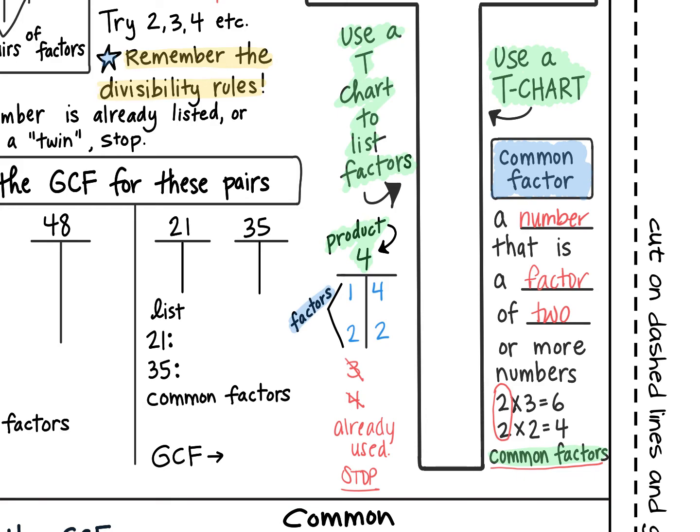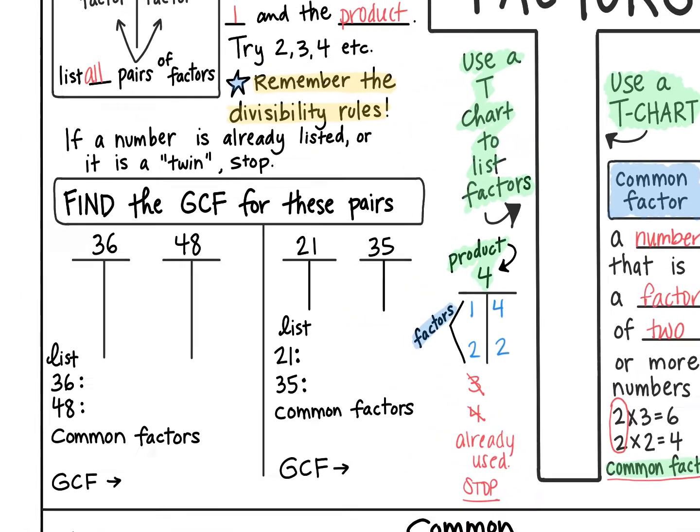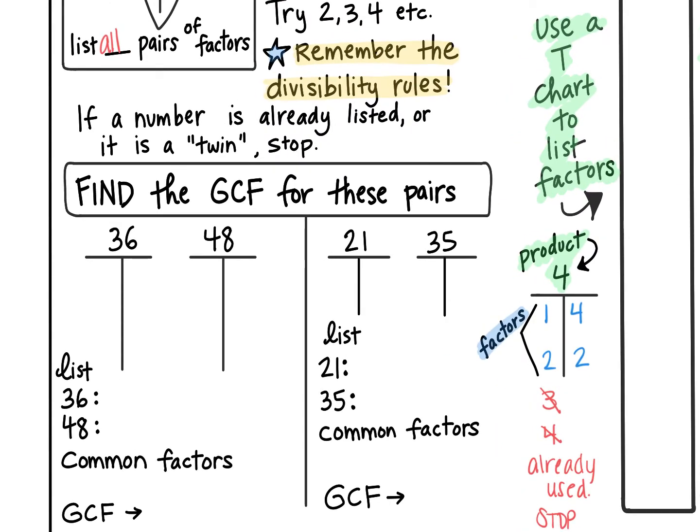All right, so continuing on, something that I just finished mentioning, and it is said over here on this side as well: if a number is already listed or it is a twin, stop. Because if it's a twin, that means you already found it. That's the example that I gave with the product of 4. 1 and 4, 2 and 2, 3 didn't work, and then 4 was a twin. I already used it, so I know I can stop. There's nothing beyond that number.